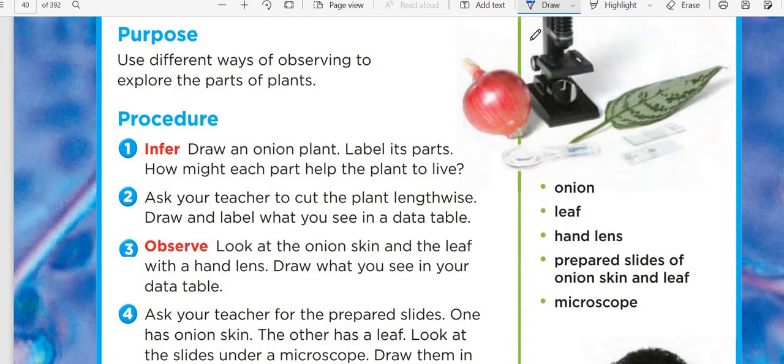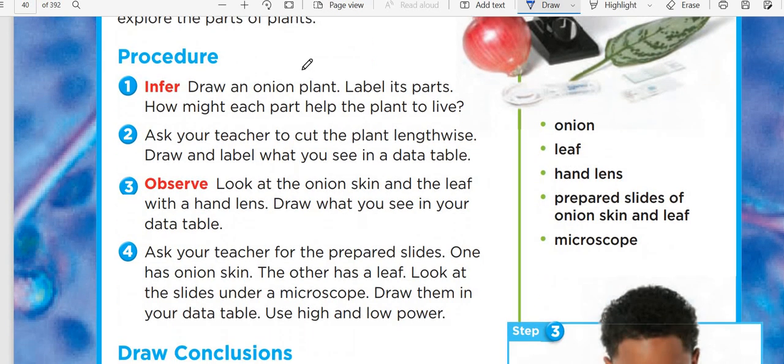How can we see it? We just take a slide of the onion and put it under the microscope so we can see the cells inside it. We have to draw an onion plant and label its parts.